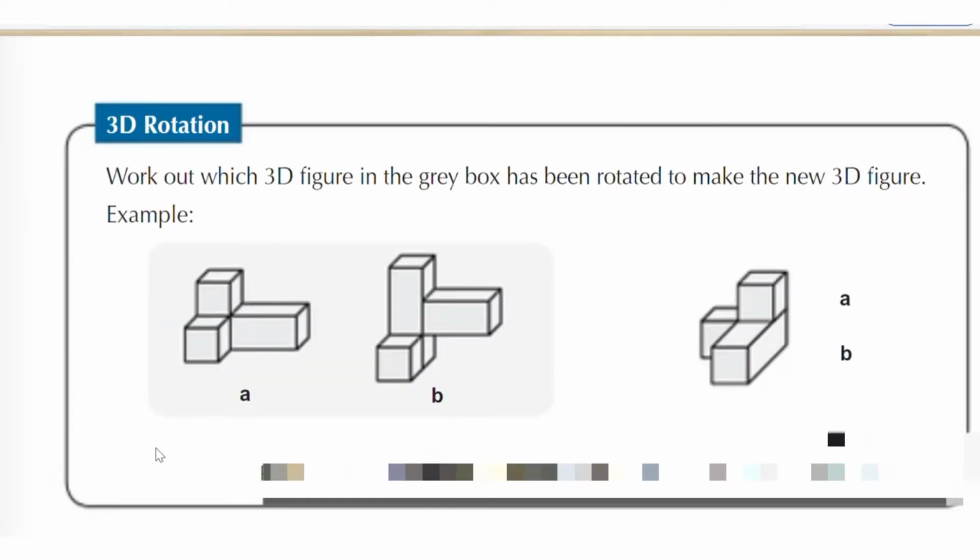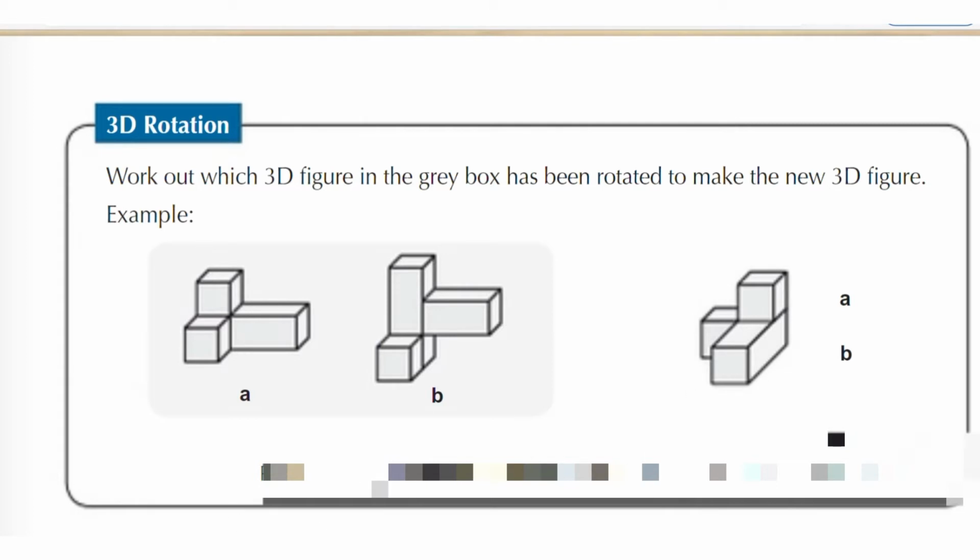Another question is the 3D rotation. Work out which 3D figure in the gray box has been rotated to make the new 3D figure. So which of these two has been rotated to make this?